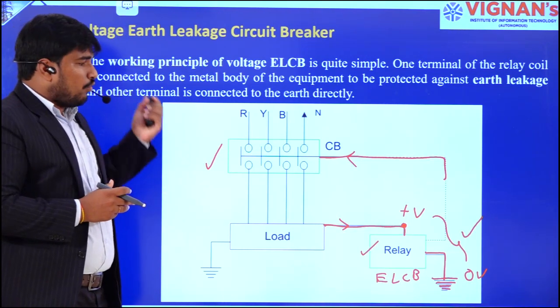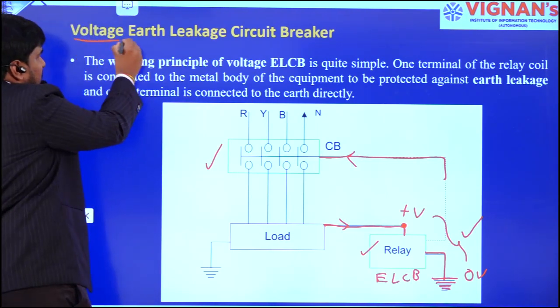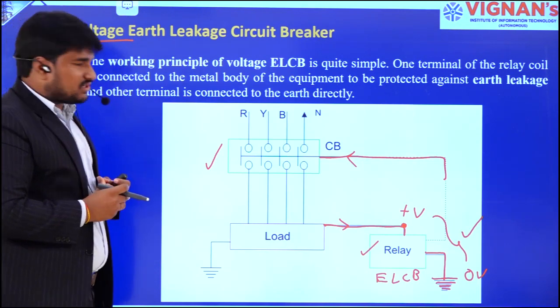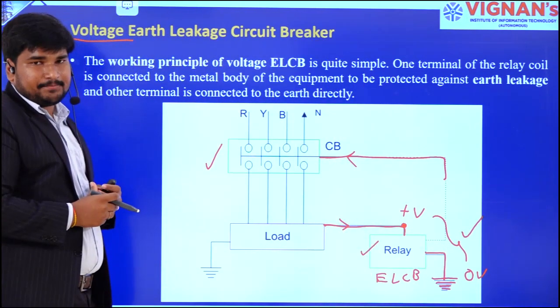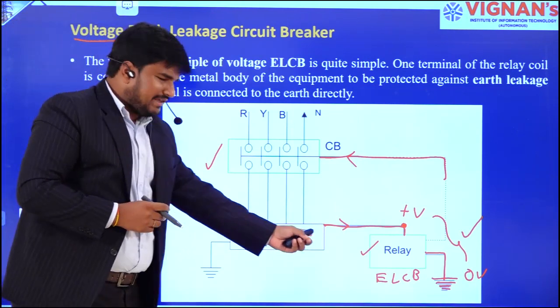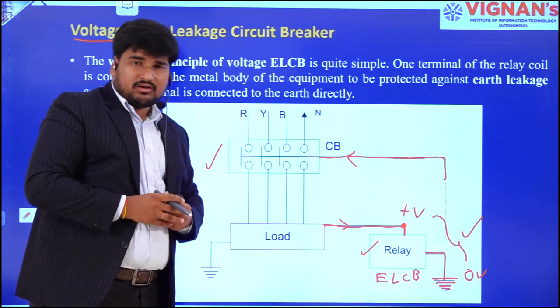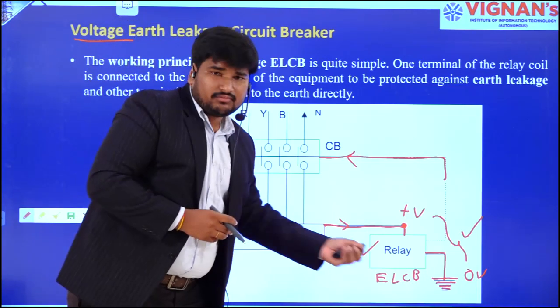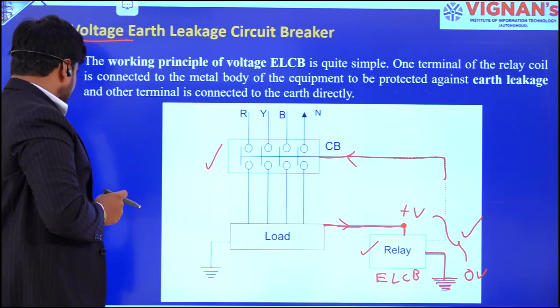So this is the voltage earth leakage circuit breaker. As the name indicates, it will operate because of the potential difference between two terminals of the relay, that is the body of the load and earth.